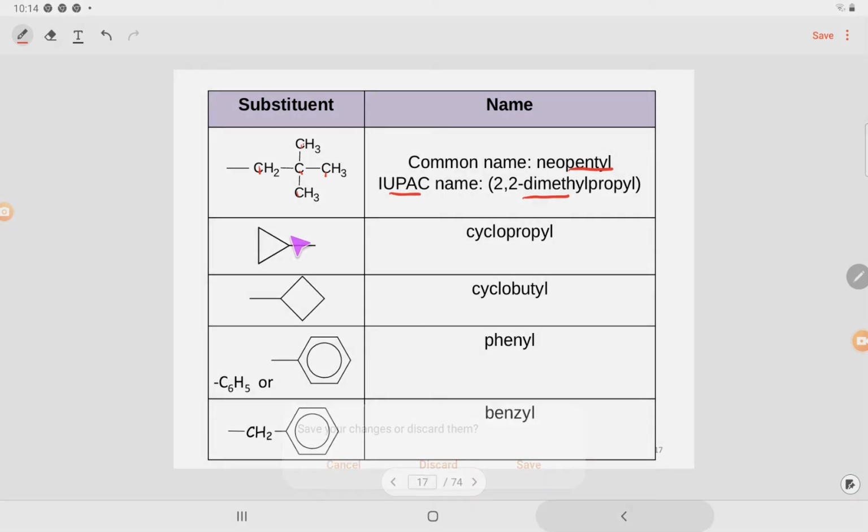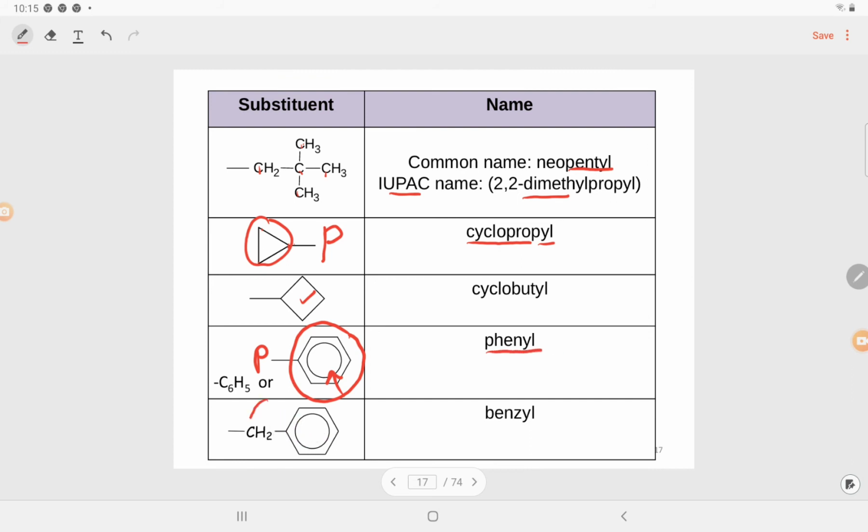And we have the substituent according to the cyclo shape. So we can accept 1, 2, 3 carbon atoms, so the name becomes cyclopropyl, and this carbon atom is directly attached to your parent. Similar for the second part, cyclobutyl, but we have the aromatic ring here. If the aromatic ring is directly attached to your parent, our parent is the longest carbon, so this aromatic ring we can call a substituent named phenyl.